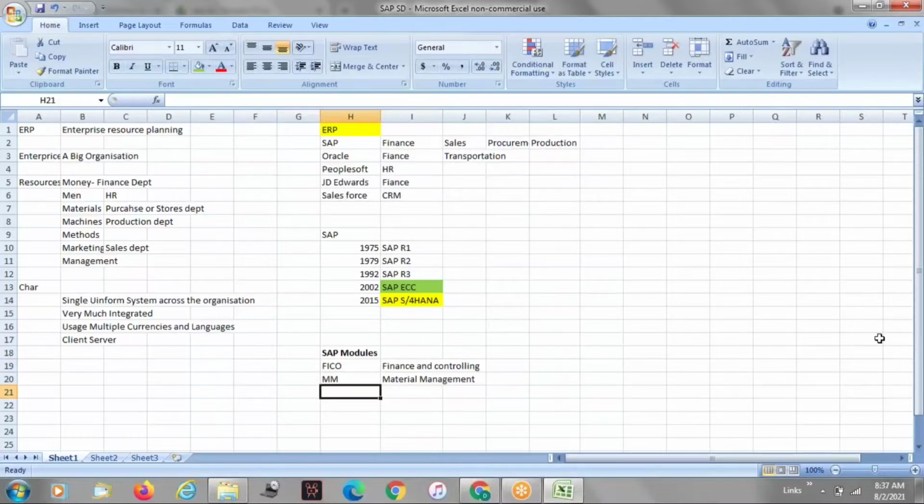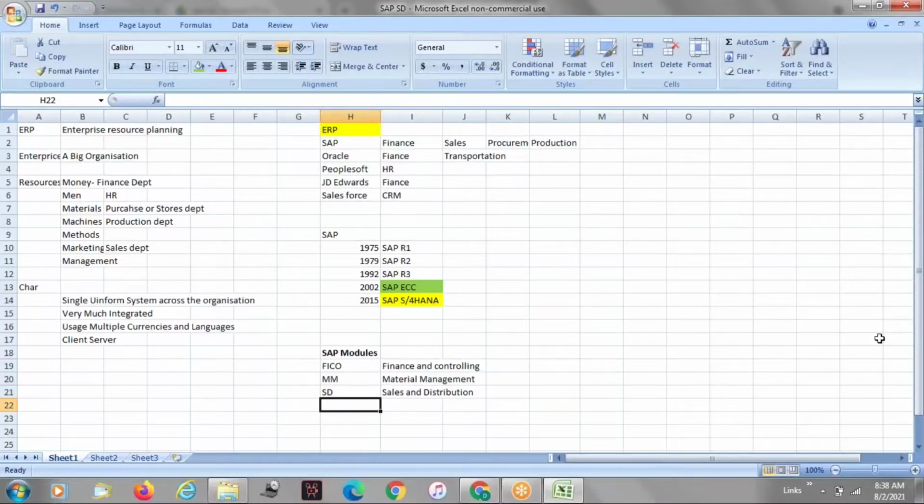We did not even talk about our own module, which is SD, which is nothing but sales and distribution. So what is sales and distribution? The name itself says we are talking about the sales part. Whenever a customer approaches us, he will come and inquire, so we'll have to create something called an inquiry document.